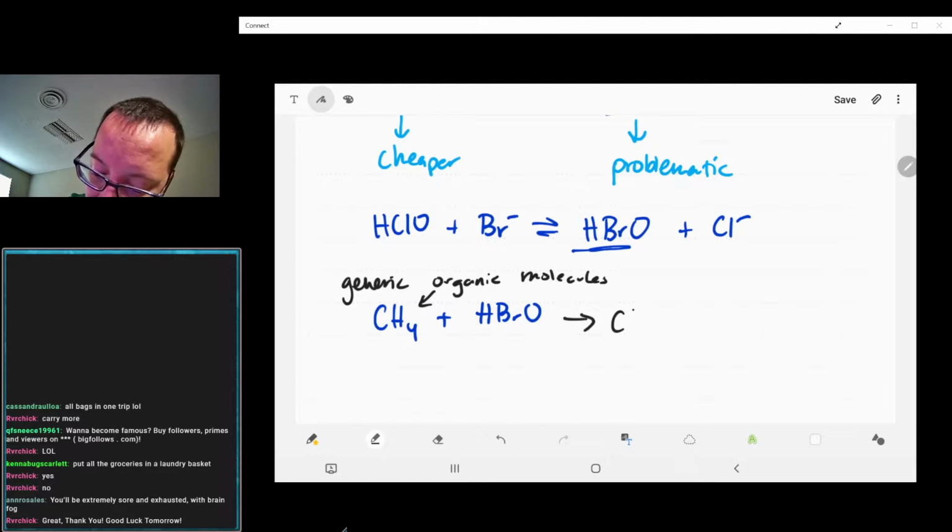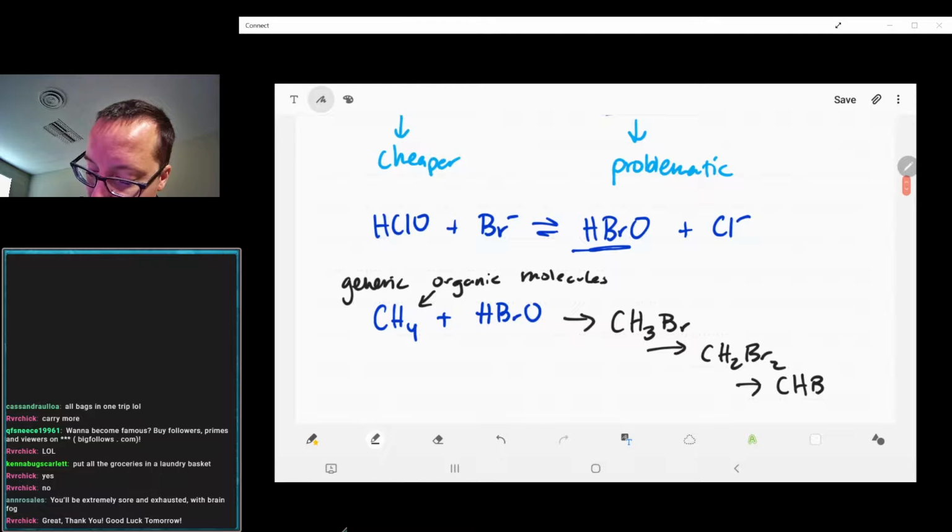And that can create various halomethanes, which are going to be particularly nasty. You can keep going on, keep throwing more bromines on there. Can totally happen. All of these are very bad things.